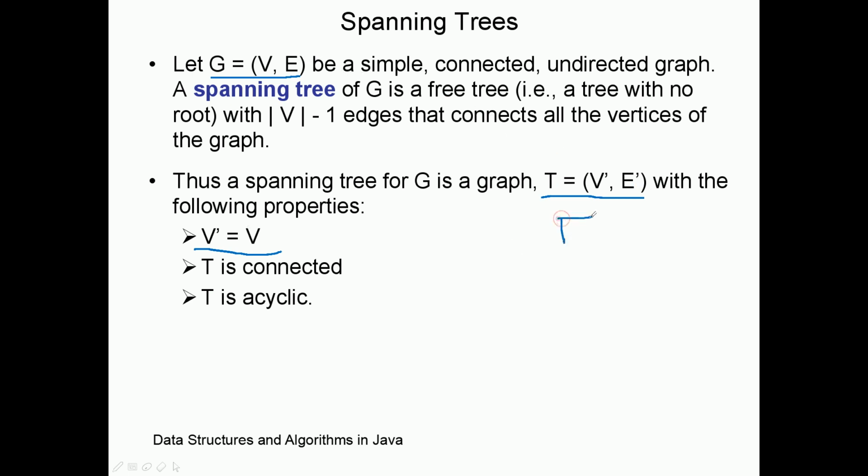And here this, I don't know how you call this, E prime, is going to be equal to E. This represents the number of vertices. This is called the number of vertices minus 1.